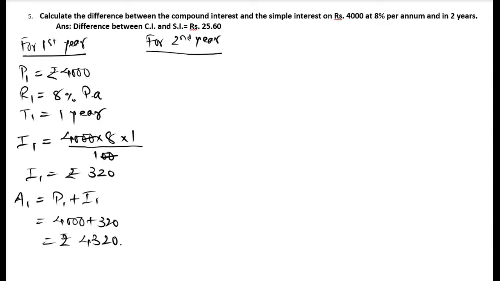Now for the second year, same thing. So we can get compound interest. P2 will be A1, that is rupees 4320. R2, the rate for the second year, is the same as the rate for the first year, 8% per annum, and T2 will be 1 year, right?